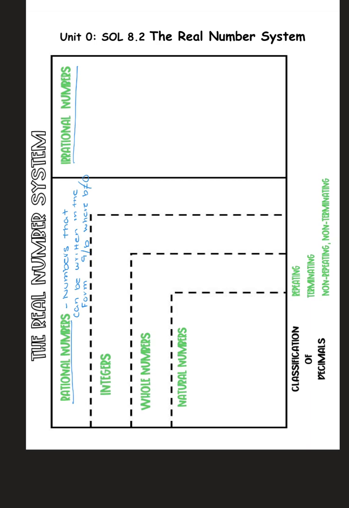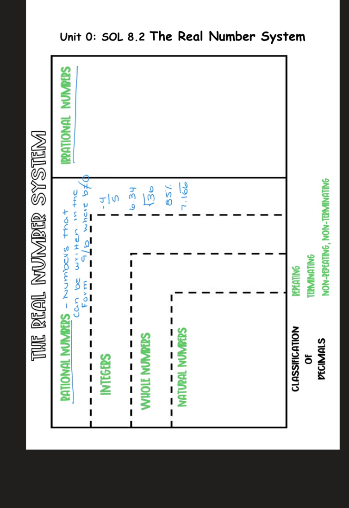Some examples are -4/5, 6.34, the square root of 36, 85%, and 7.166 repeating, which is also a rational number.